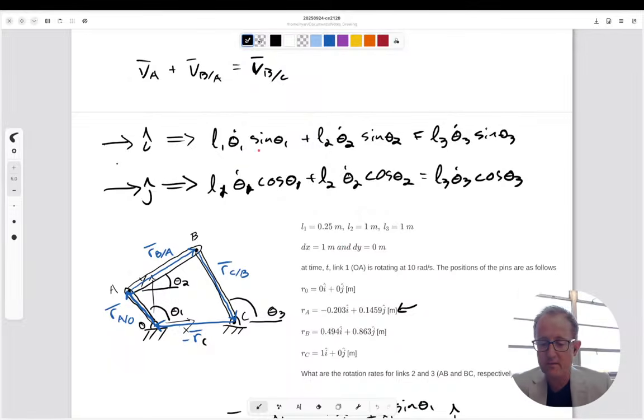And because we took derivatives, the constraints are telling us the constraints on speed. So based on how fast theta 1 dot is moving, what are theta 2 dot and theta 3 dot?